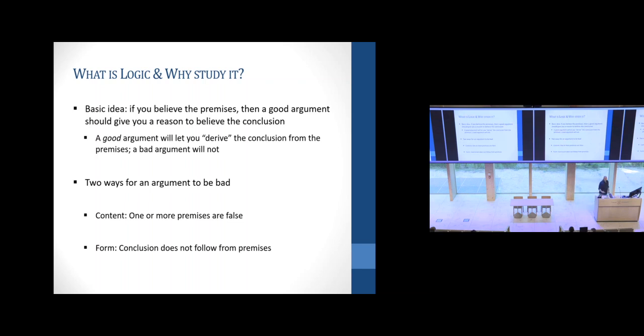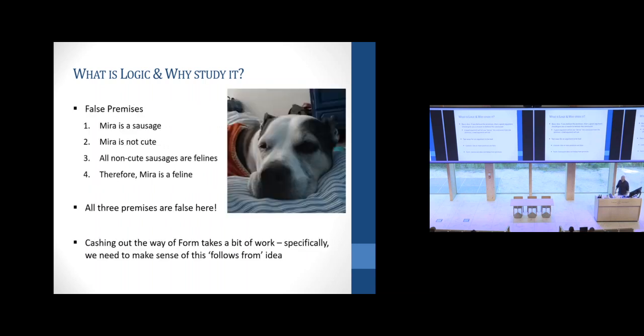So let's think a little bit more about this first way, this way of content. One or more of the premises is false. So here's another argument. This is a 3-premise argument. We've got Mira's a sausage. Mira's not cute. All non-cute sausages are felines. Conclusion, Mira's a feline. All of the premises are false here.